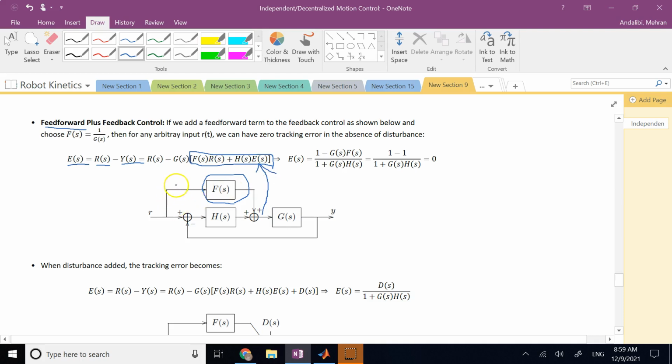Because if you look, this is R, so it's R times F that goes here. And then this signal here itself is the error, the difference.